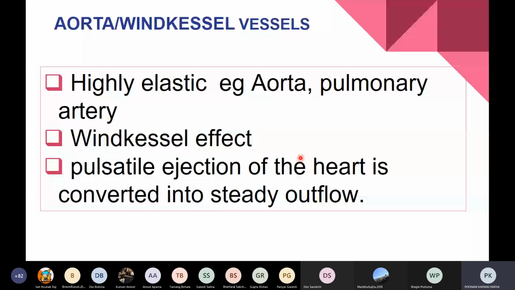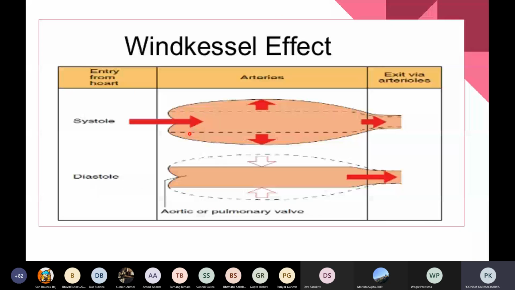So you can see at the time of systole, there is dilation or distension of the vessels, and at the time of diastole, when the aortic valve closes and no more blood is passing, the elastic vessels recoil back and squeeze the blood to flow forward, and because of that the blood flow is always steady in the aorta.